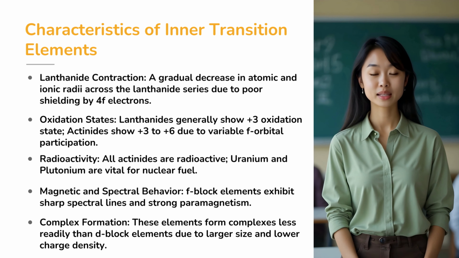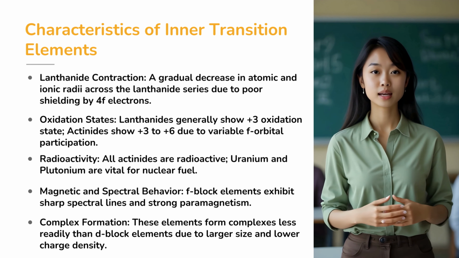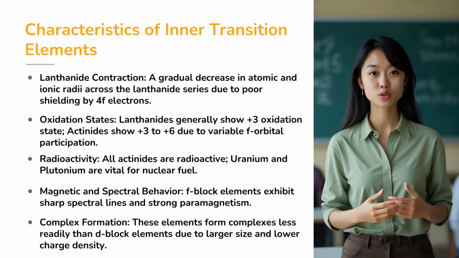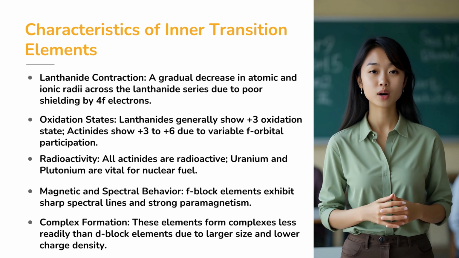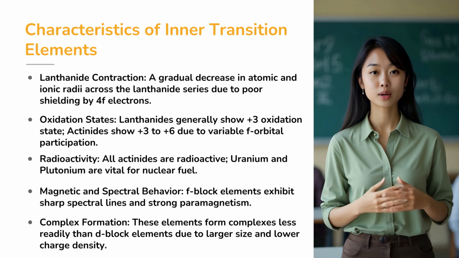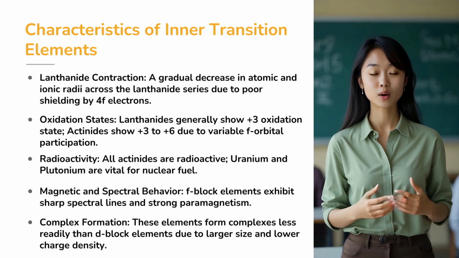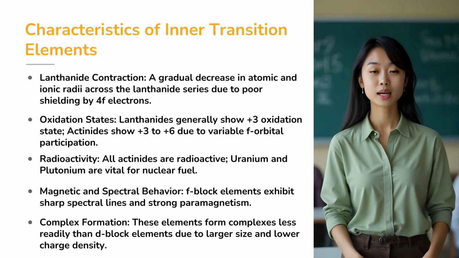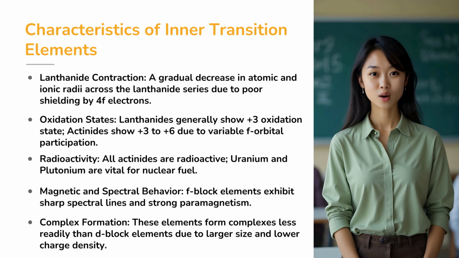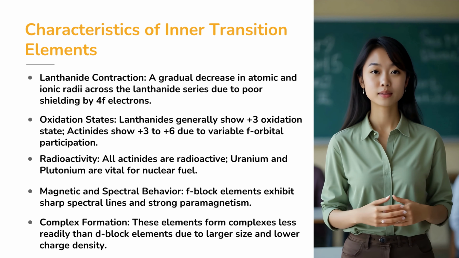Spectroscopically, these elements exhibit sharp emission lines and are strongly paramagnetic due to unpaired f electrons. Unlike d block, f block elements don't form very stable complexes due to their large ionic sizes and poor orbital overlap, but their unique spectral and magnetic properties are widely used in lighting, imaging, and radiation shielding.